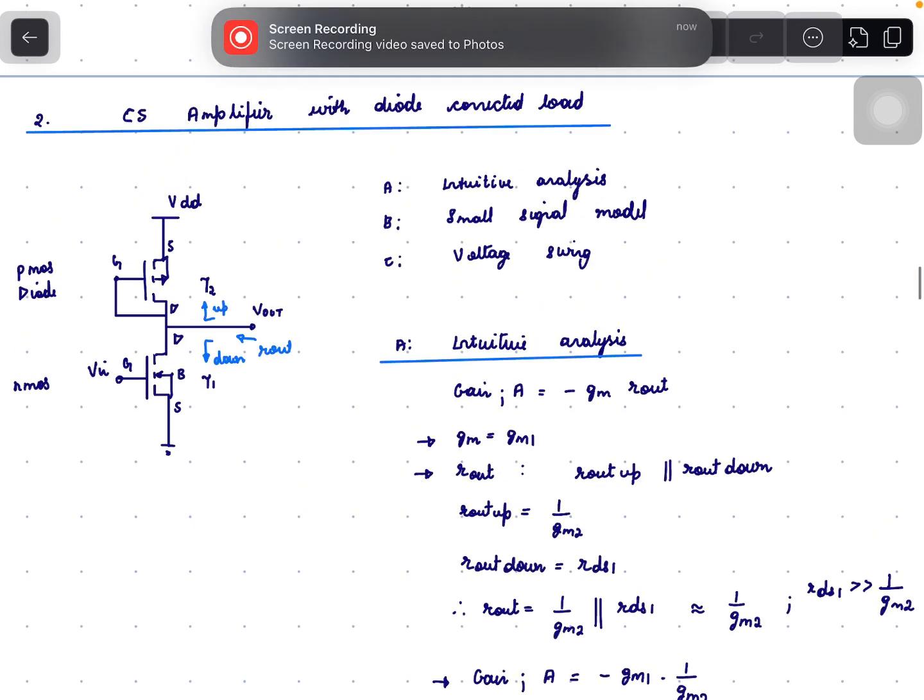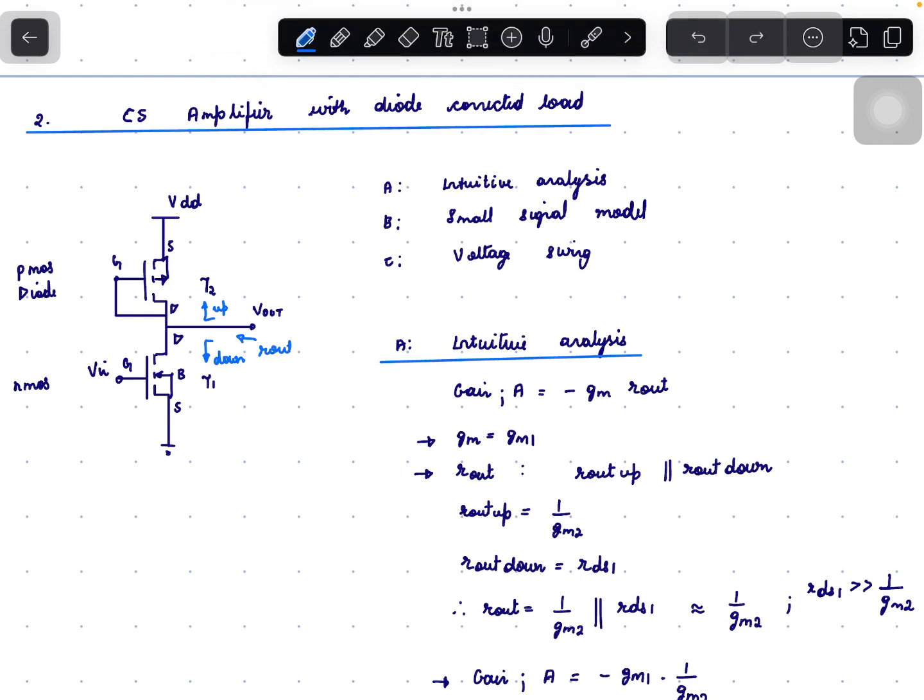R out seen up is nothing but 1 by GM2, and R out seen down is nothing but RDS1. So R out will be 1 by GM2 parallel to RDS1.